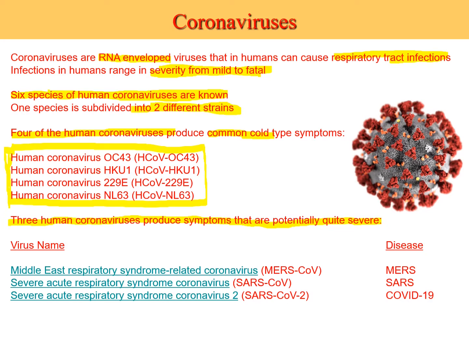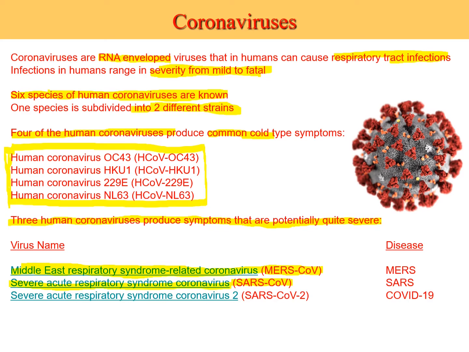And then there are 3 types that produce symptoms that can be potentially very severe, even fatal. One is MERS, the Middle East Respiratory Syndrome coronavirus. The name of the virus is MERS-CoV, which stands for this. And SARS-CoV, which stands for Severe Acute Respiratory Syndrome Coronavirus.